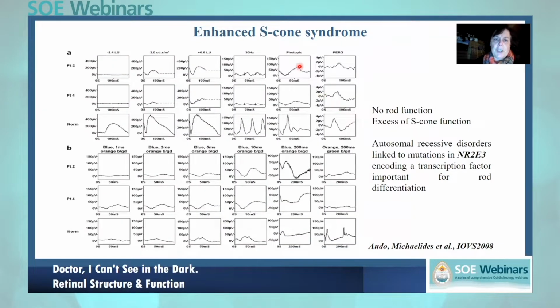The full-field ERG reveals very distinguishing features. First, there's no rod function under dim light stimulation, and no b-wave is detectable. Then, if you look at the response to a bright flash under dark or light adaptation, the waveform is quite similar.